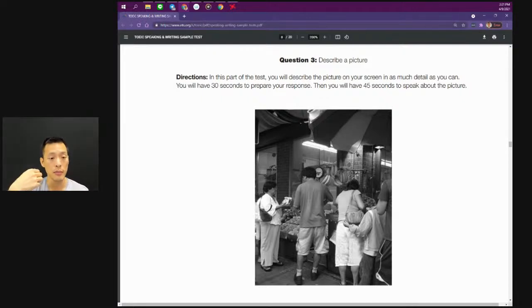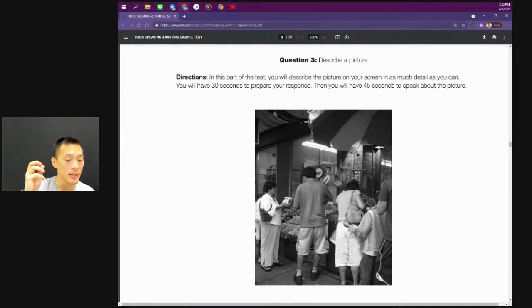So for this one, for example, you could say, oh, it's an open air market, fruit vendor, plenty of shoppers, 3 females, 1 male, blah, blah, blah. And then you could say, hey, if I have to throw in an opinion here, I would say it's probably somewhere in the Middle East or in Europe because the shoppers don't seem to have Asian heritage.